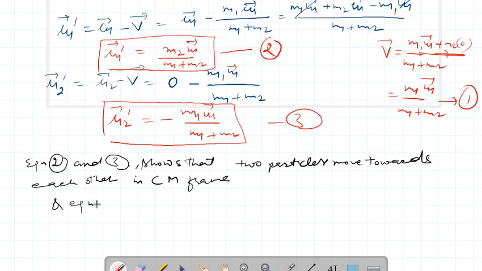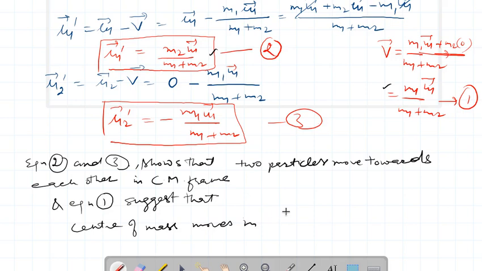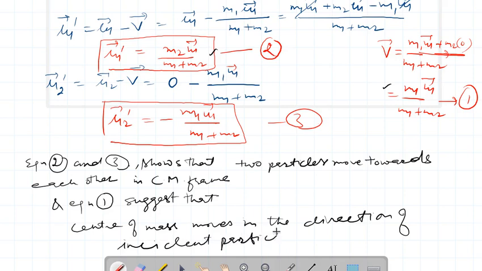And equation 1, because if we look at these two, both have the same sign, suggests that the center of mass moves in the direction of the incident particle. Right, that's what we are getting here.